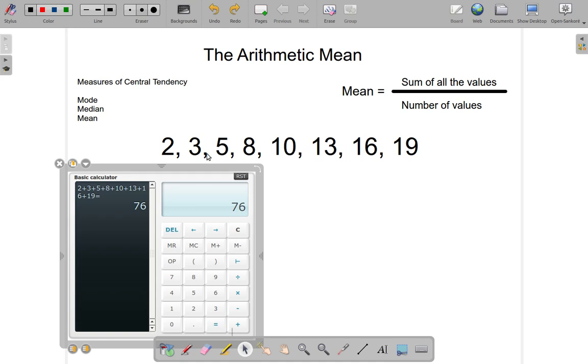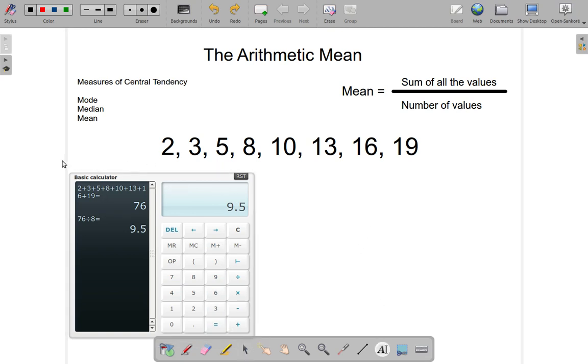Now, how many values were there? 1, 2, 3, 4, 5, 6, 7, 8 of them. So I'm going to divide 76 by 8. So 76 divided by 8 equals 9.5. So the mean is 9.5.